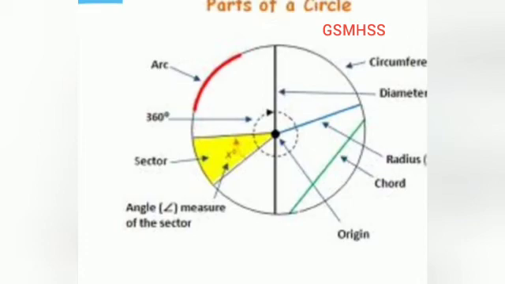You can draw many radii in a circle, and again the diameter. The largest chord is called a diameter. The shaded yellow portion is a sector, the region between two radii. Are you clear?